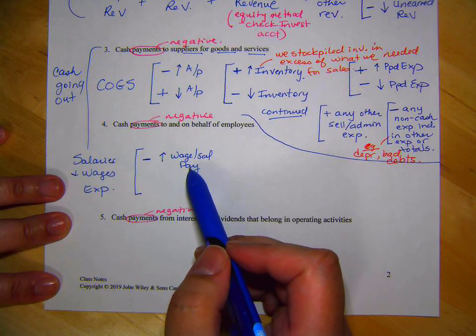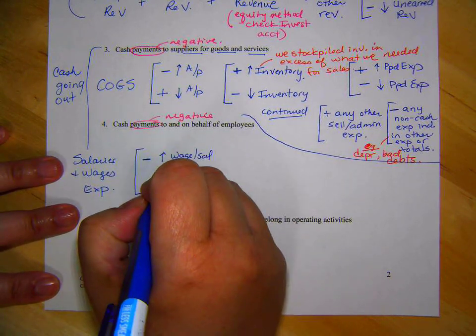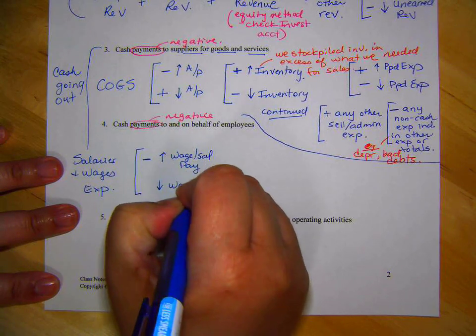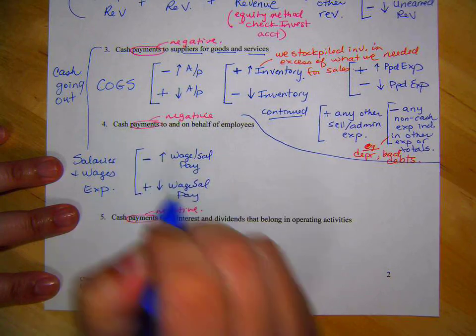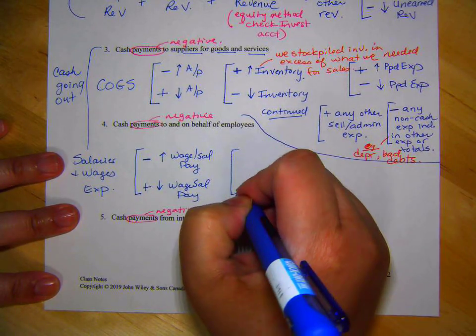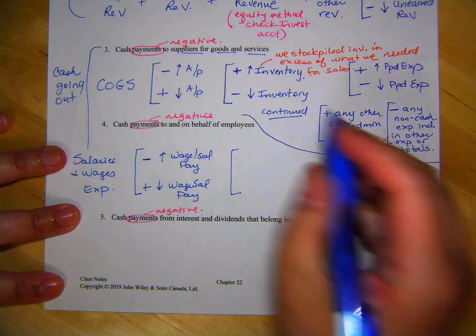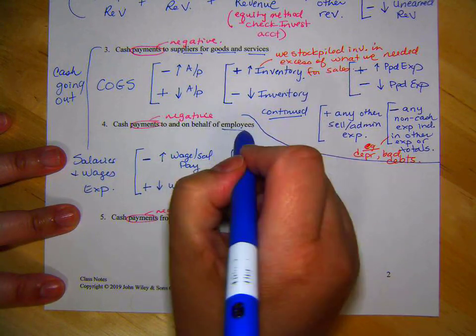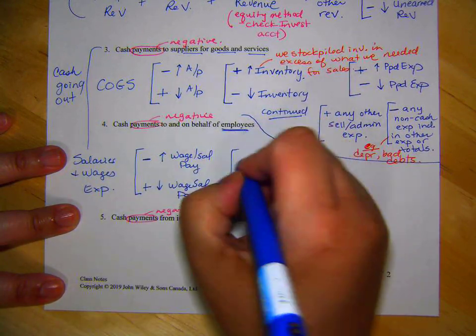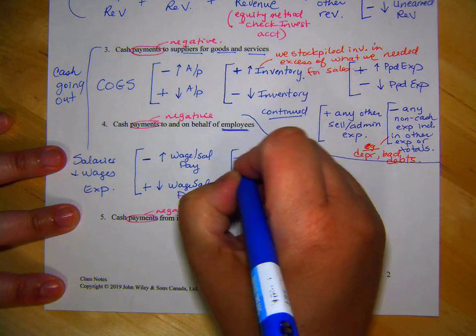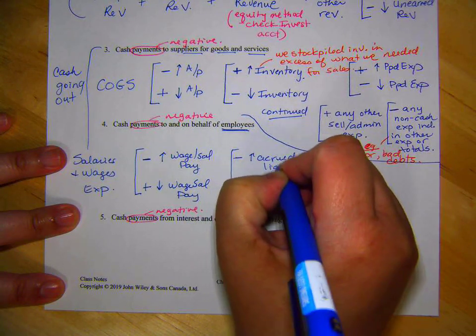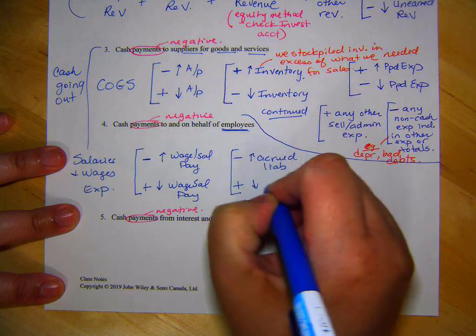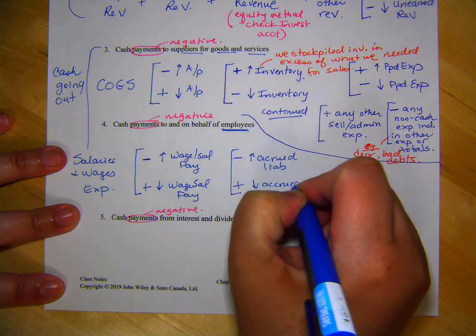It went into a payable. Or if it goes down, we're going to add it. Then there's accrued liabilities that relate to employees. So subtract an increase for accrued liabilities and add a decrease in accrued liabilities.